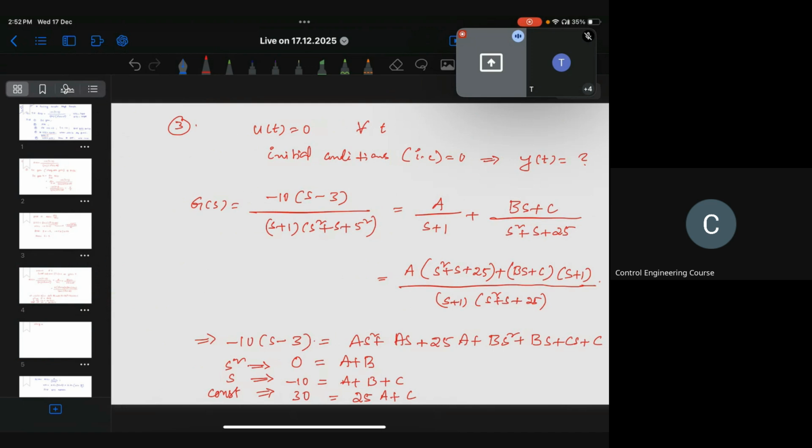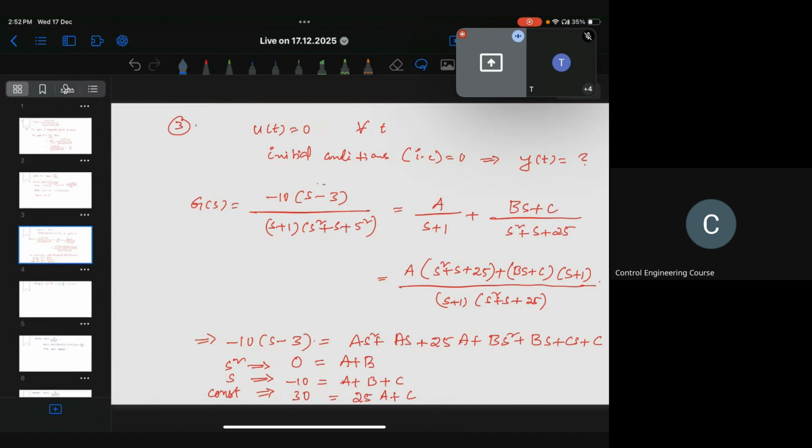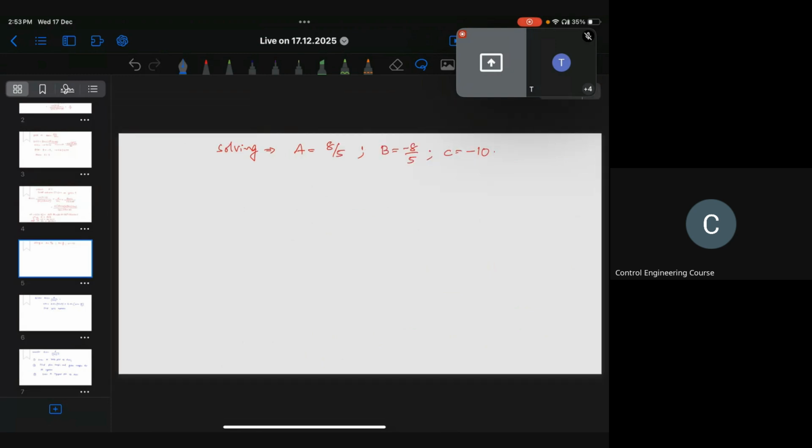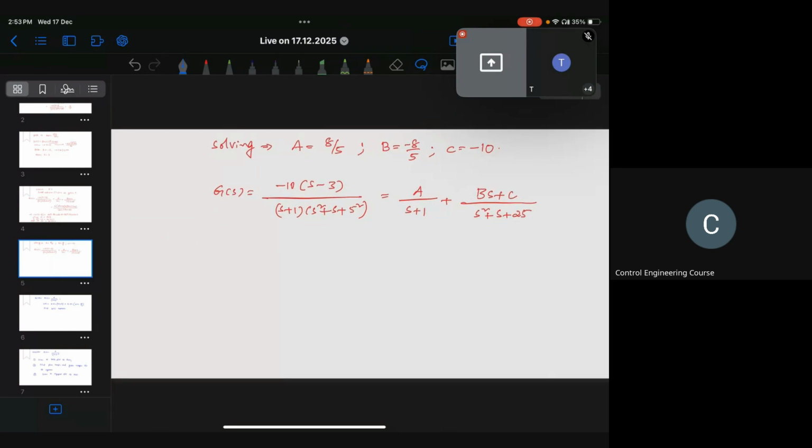Now if you take up this expression again, you can substitute A, B and C. So we have A as 8 by 5, B as minus 8 by 5, C as minus 10.